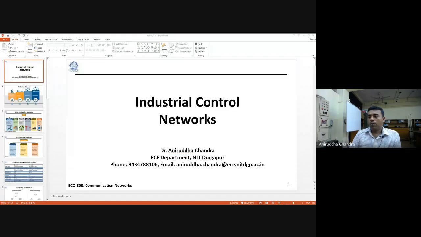Now, before talking about industrial control networks, let me give you an idea of why this particular sub-module is very useful for your domain. It doesn't matter which branch you are from, but at some point you will probably be either working in an industry or connected with some kind of industry.